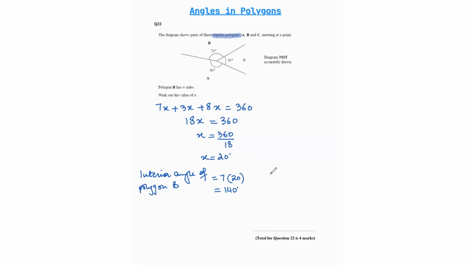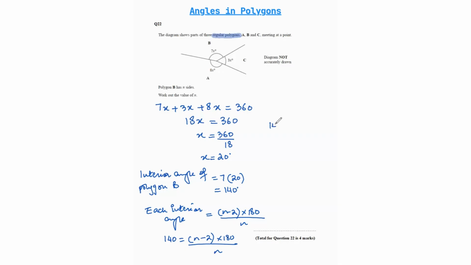So we can use the formula for each interior angle, which is n minus 2 times 180 over n. So that's 140 equals n minus 2 times 180 divided by n.